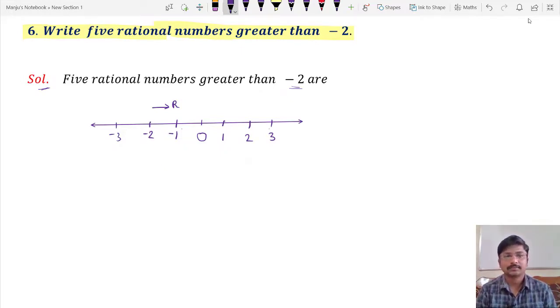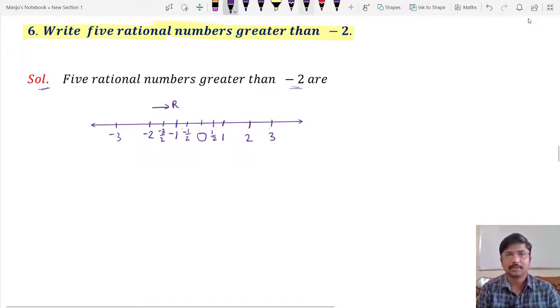Then the first rational number will be minus 3 by 2, the second will be minus 1, the third will be minus 1 by 2, the fourth will be 0, and the fifth will be 1 by 2, and so on. They asked us to write only 5 rational numbers.